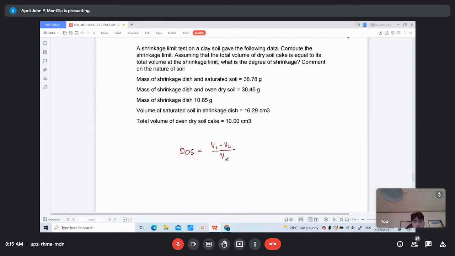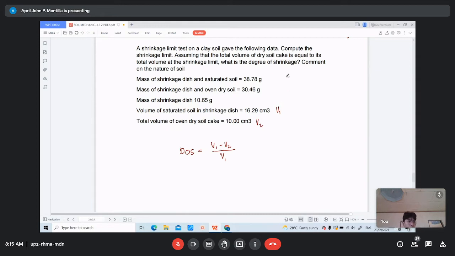Kapag over V2 na yan, that is volumetric shrinkage na. No? So, may binigay na ba tayong V1, V2? So, ano ba yung una dito? Mass of shrinkage dish and saturated soil. So, mass of shrinkage dish and oven dry soil, and then mass of shrinkage dish. No, volume of saturated soil in shrinkage dish, ito ay V1. Ito ay total volume oven dry soil cake, that is V2.